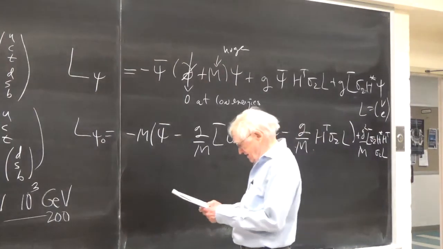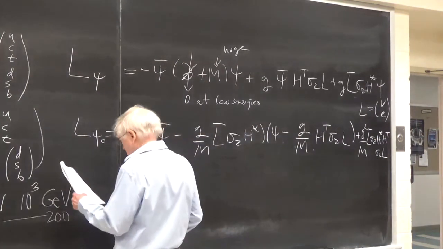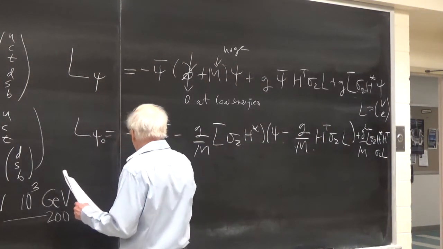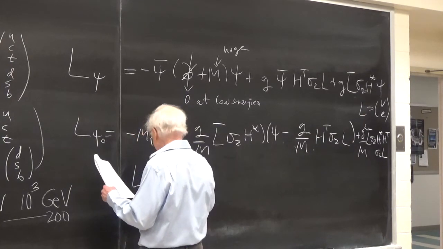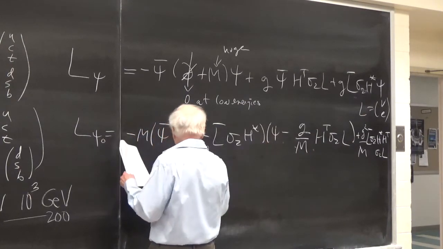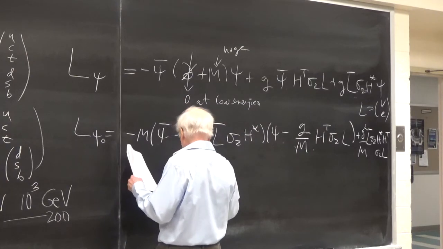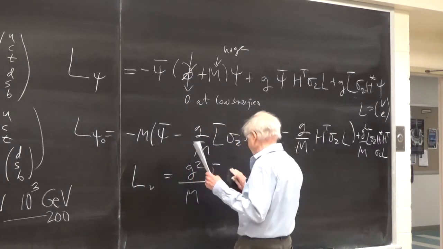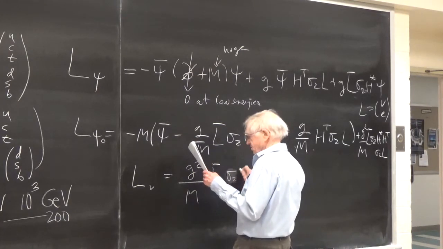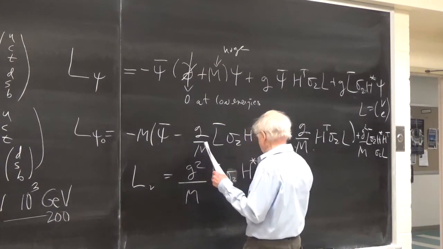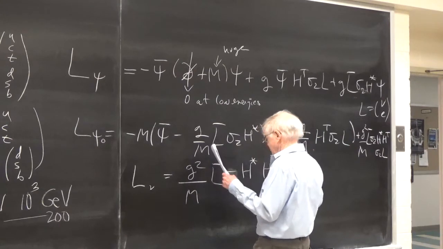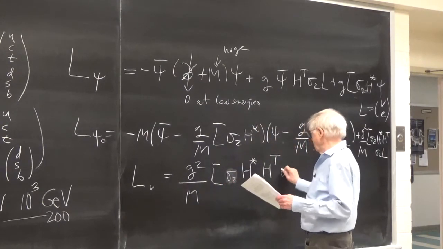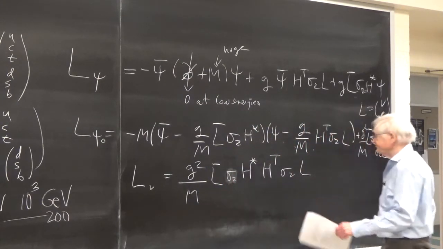And in effect, what we are left with in the low energy theory is this remainder term, G squared over M, L bar sigma 2 H complex conjugate, Higgs transpose sigma 2 L.